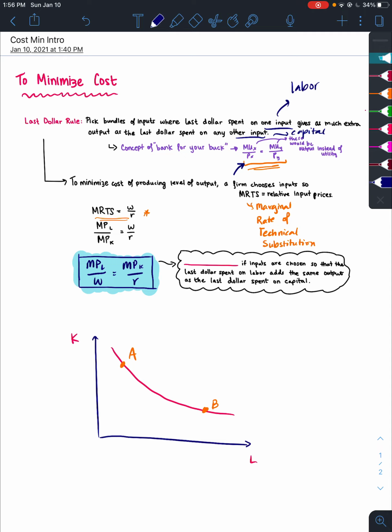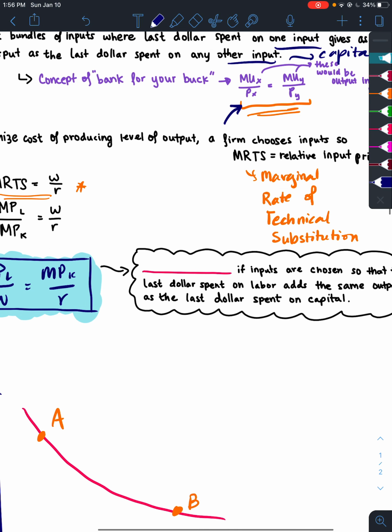If the inputs are chosen so that the last dollar spent on labor adds the same amount of output as the last dollar spent on capital, then we know for sure that our cost is minimized.